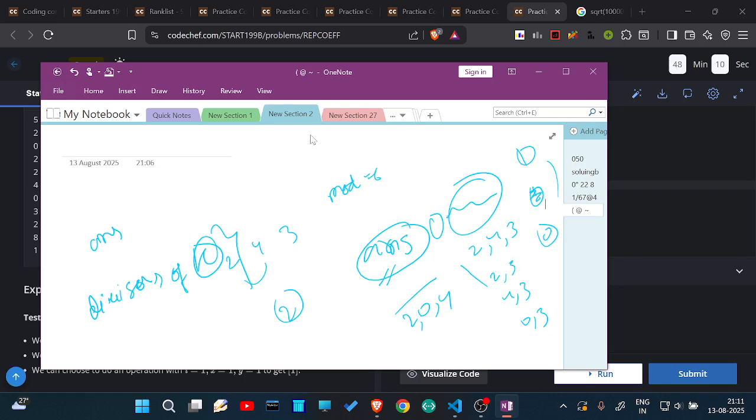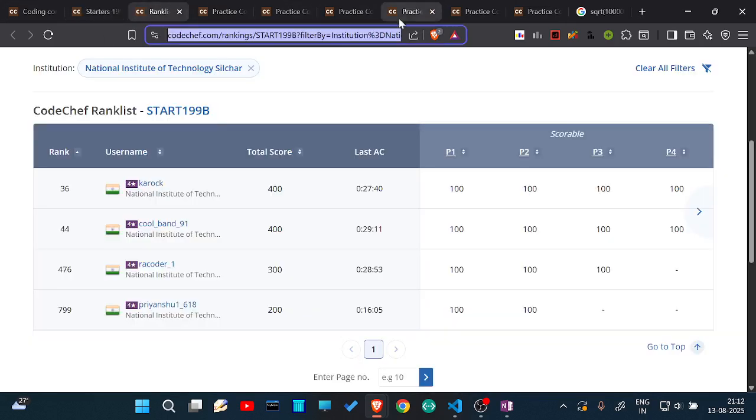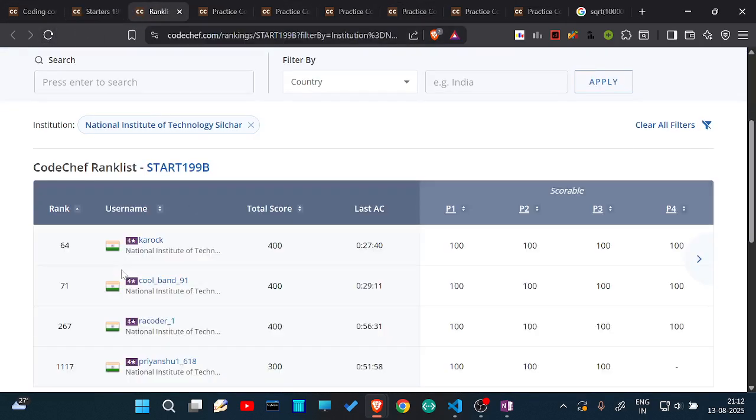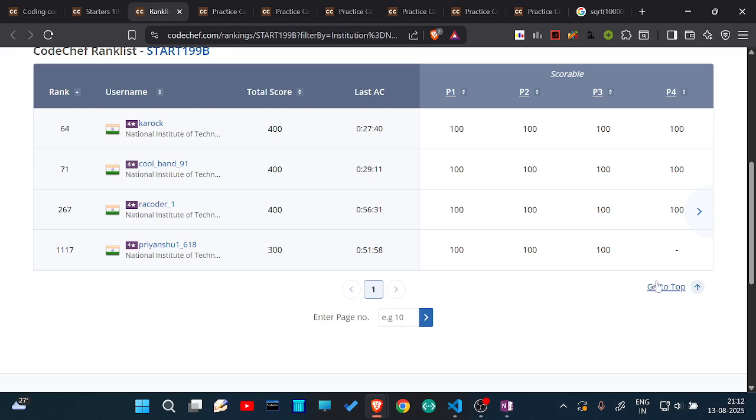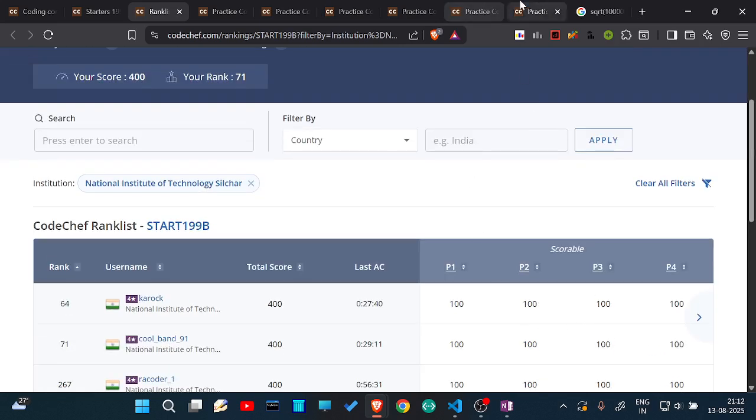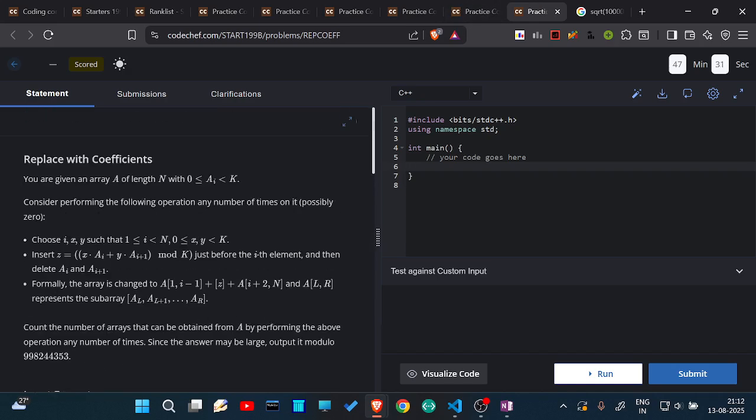Other GCD, same as, but I don't know what to do.